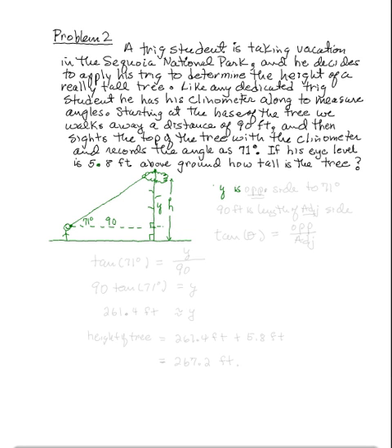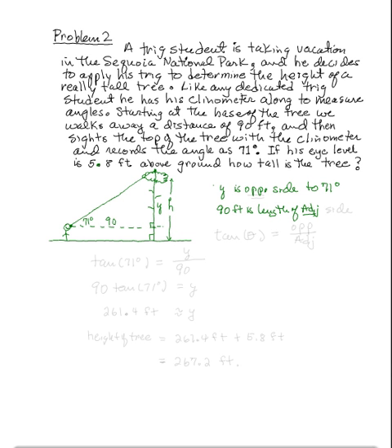Y is the opposite side to 71 degrees. And the adjacent side is the known 90 feet. So 90 feet is the length of the adjacent side.